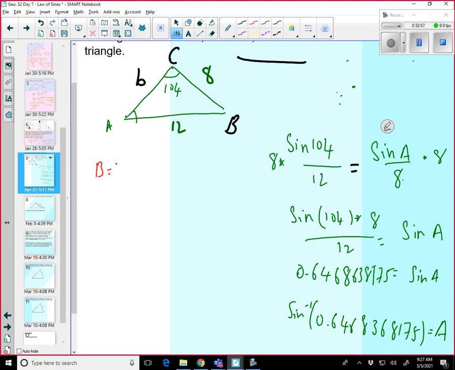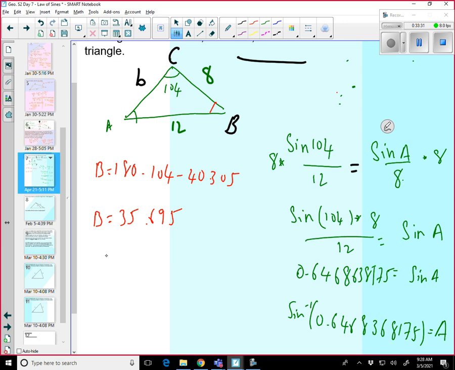B equals 180 minus 104 minus 40.305, which gives us 35.695. So angle B equals 35.695 degrees.